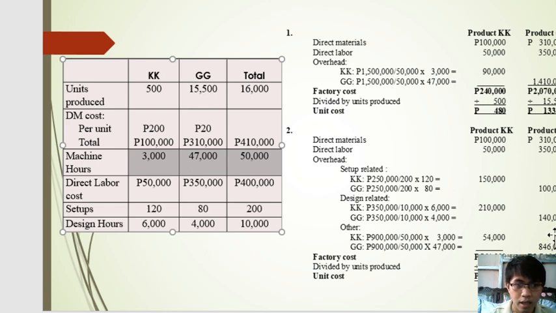Design related, 350 times 4 over 10, correct. 900,000 times the machine hours of 47 over 50. Correct. So, 310 plus 350 plus 100 plus 140 plus 846 is 1,746, divided by the number of units produced for GG, 15,500. So, the answer is 112.65, the cost per unit.